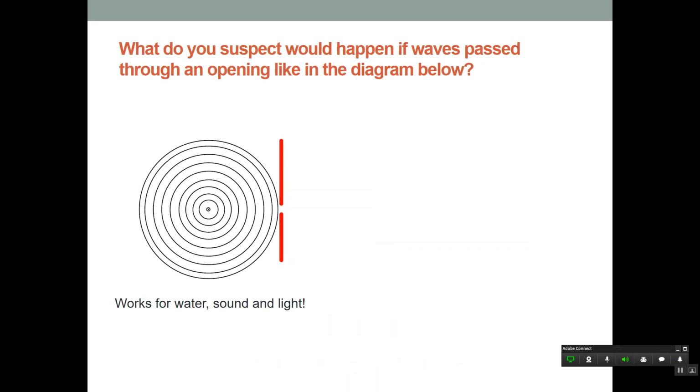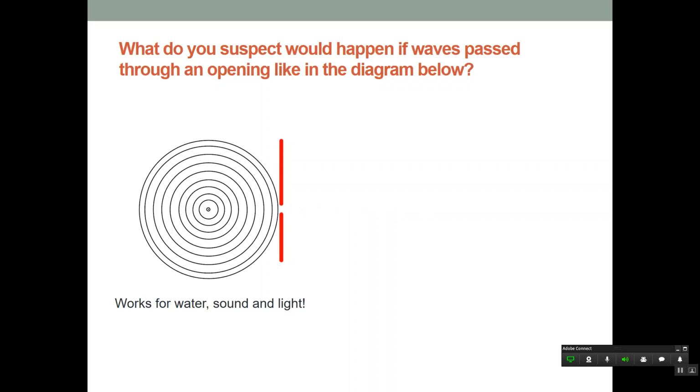So if I say that this is my light source at this point here, it's shining in all directions, but the ones that I'm interested in are the ones that are going to go through this slit. What is it going to look like on the other side of this opening here? Is it just going to be like this? No, it's not going to be that. Can someone describe it for me, maybe?